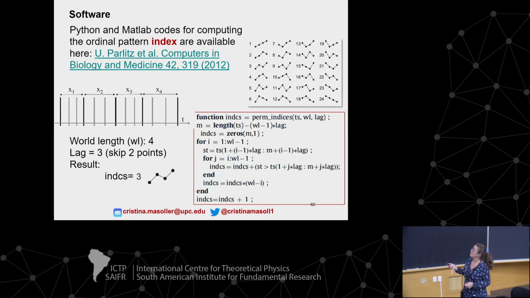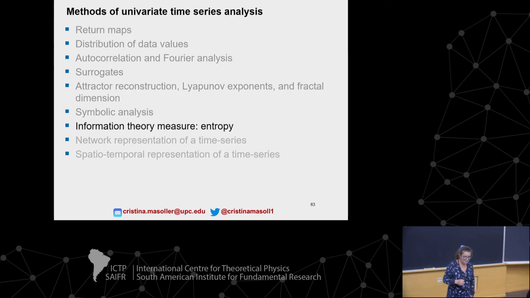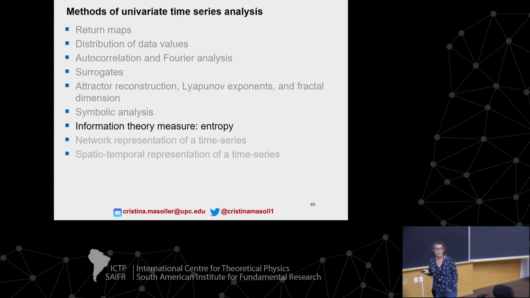Okay? So for instance, if you give a pattern like this, it will give you a result that is number 3 because it's the pattern here. Okay? It's quite easy to use once you get used to it, and it's an easy way to analyze your data. All right, so this is a way to extract probabilities from a time series.